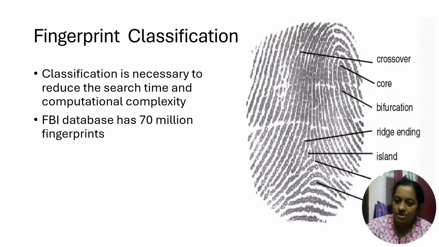It forms ridges and furrows, which means the mountain or hill-like regions are called ridges, and the cavity-like U shape that is formed is called a furrow. You can see crossover, core, bifurcation, which is divided into 2, ridge ending, island, delta region, and spur.